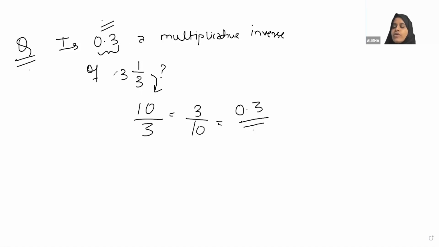So can we say that 0.3 is a multiplicative inverse of 3 1 by 3? Yes. Subhan, yes or no? Is this statement correct? Yeah, it's correct.